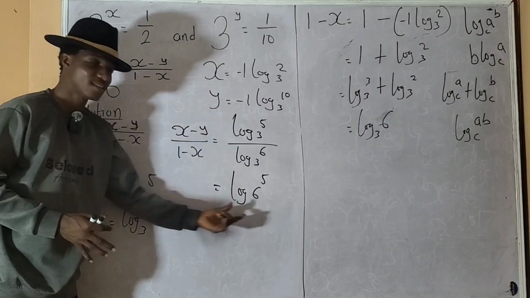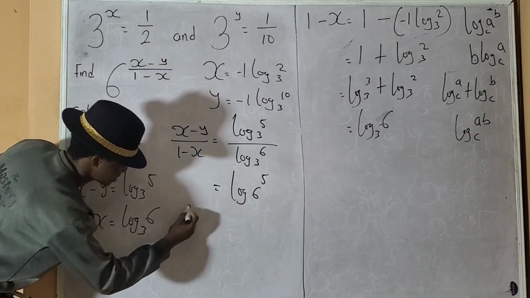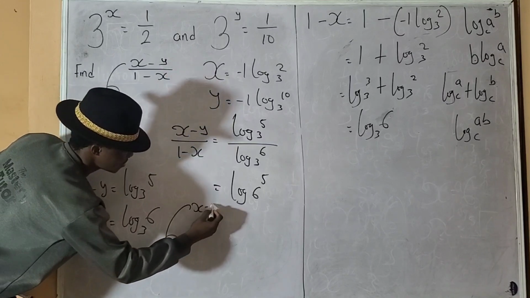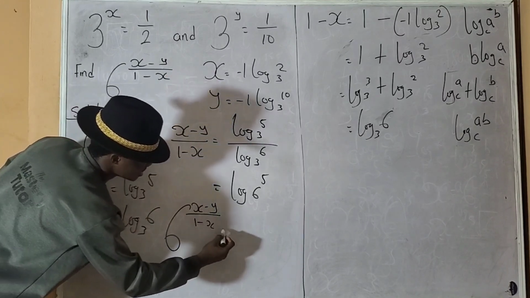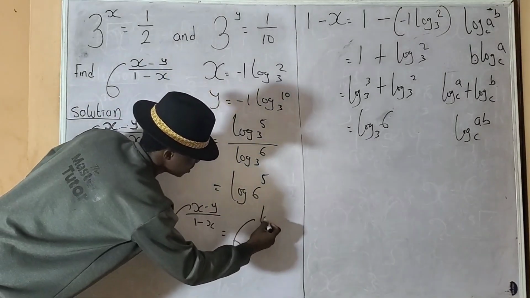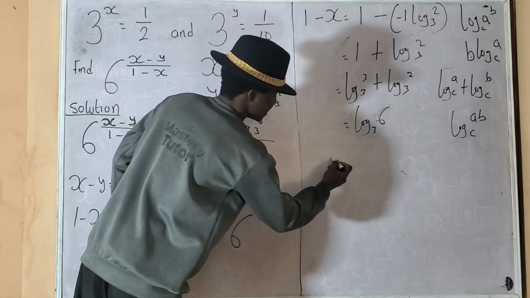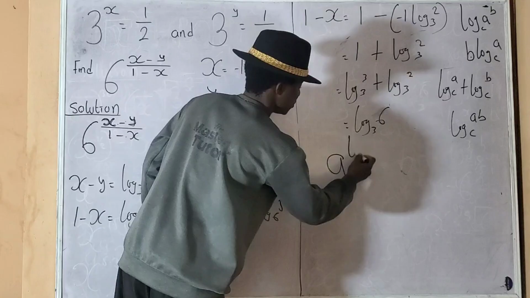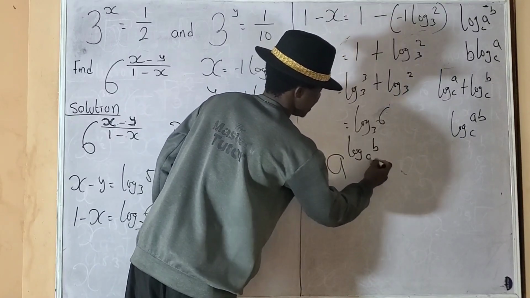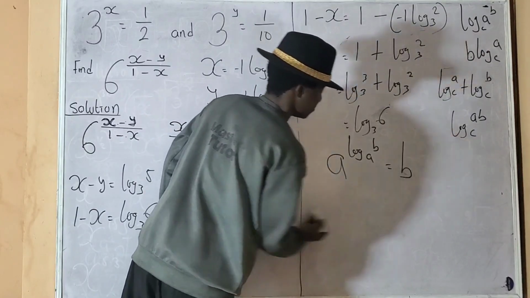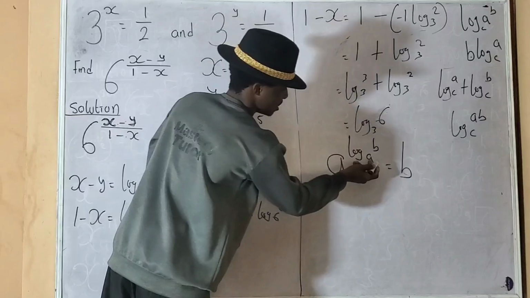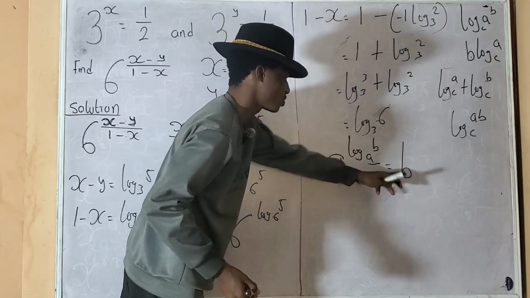Do you understand? So, that means 6 raised to the power of x minus y over 1 minus x is equal to 6 raised to the power of log 5 base 6, right? Do not forget that if you have a raised to the power of log b base a, the result is b, because we have a and a in this place, so the result will be b.